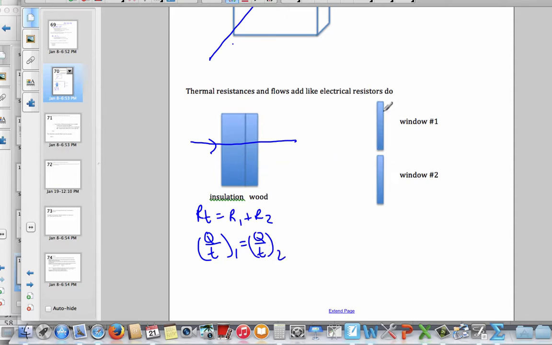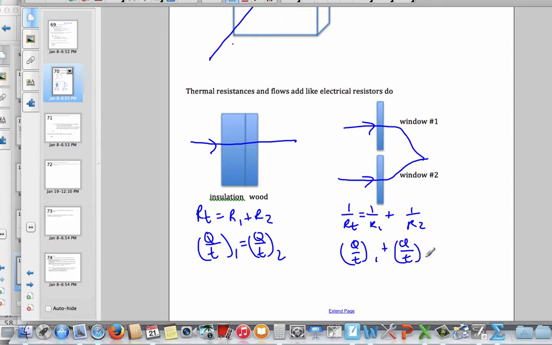Now, if you have thermal resistors in parallel, then the reciprocal resistances add, just like they do for electrical resistors, and the two thermal energy flows add together. So the total will be the sum of those two flows. So there's a lot of parallels between the flow of heat and the flow of electric current.